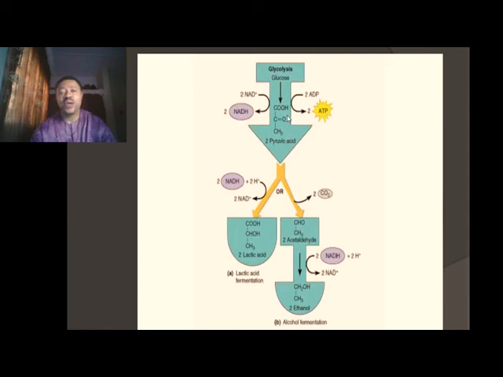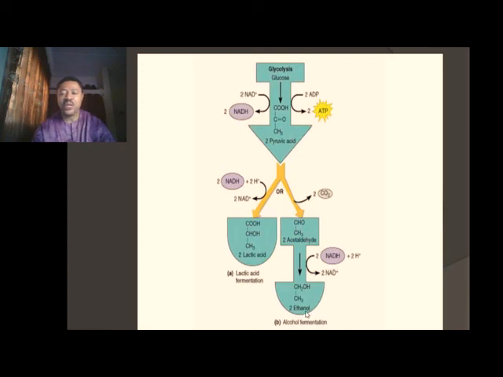Now, this is a representation of the two main types of fermentation. What we have here is glycolysis, where the sugar is broken down initially to form pyruvate. Pyruvate, or pyruvic acid, is the end product of glycolysis. But this pyruvate can undergo lactic acid fermentation, or it can undergo alcohol fermentation.